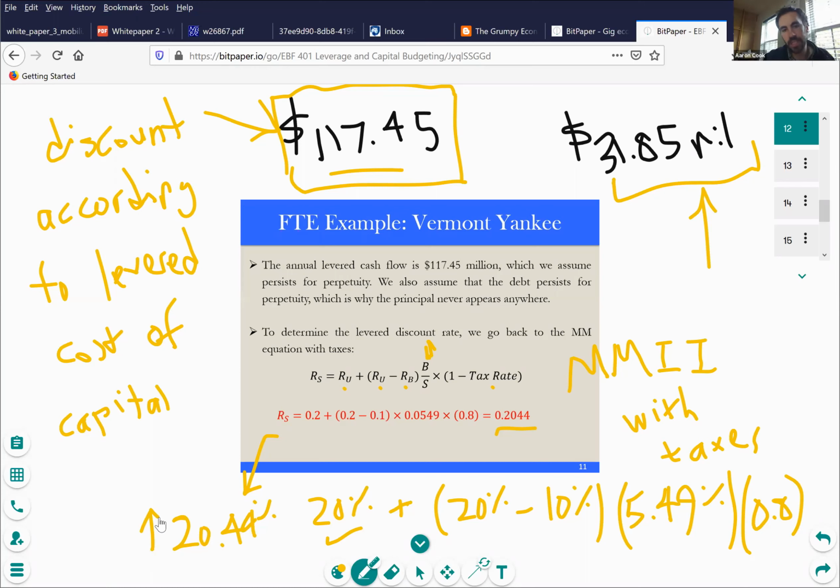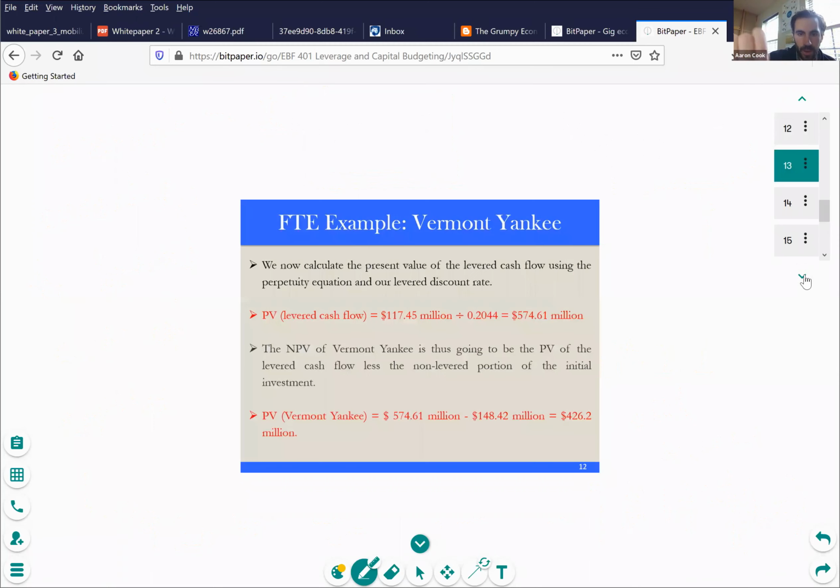So that residual equity is going to have to earn a higher return to compensate for being more risky than the equity in the absence of debt. That 20.44% is then going to be used as the discount rate for the 117.45 million, our levered cash flows.